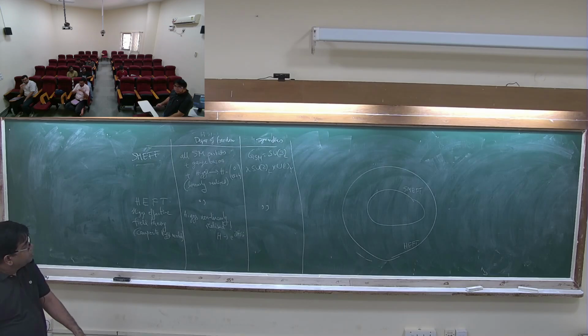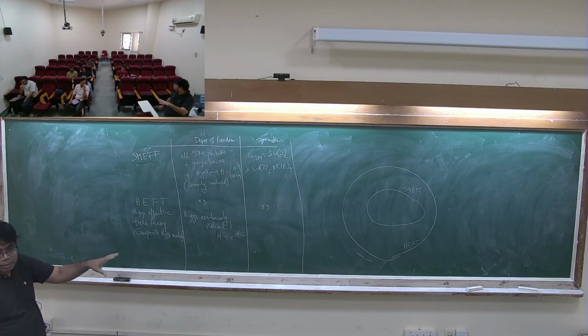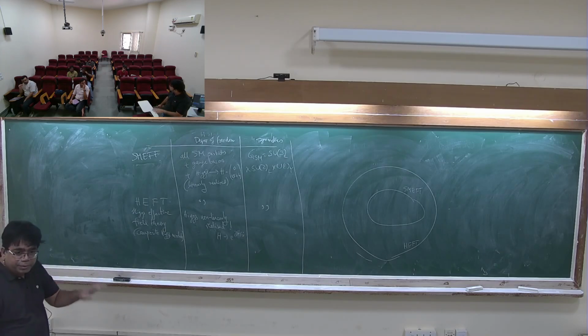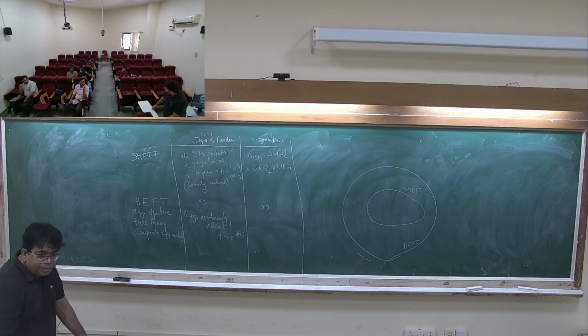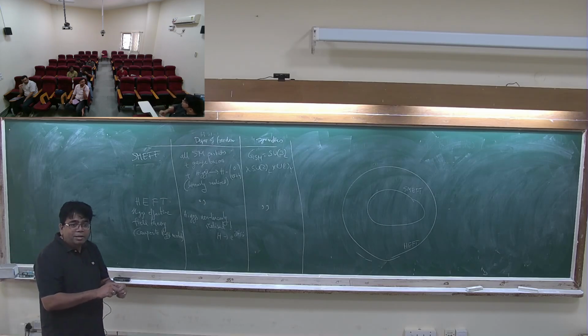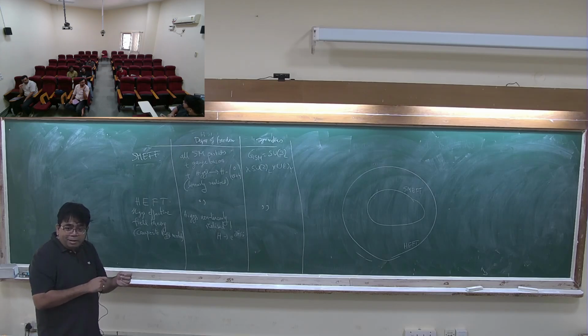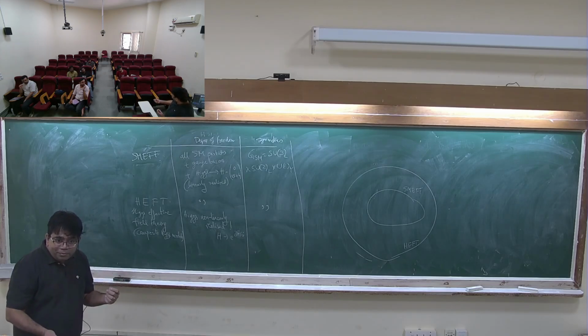Okay, so there are these questions whether SMEFT is larger or HEFT is larger. This is a schematic picture. One should remember that HEFT is much larger, but technically whether you can show it or not is a different question essentially. And if there is a parameter somewhere here, if you measure some measurement, whether it falls into HEFT or whether it falls into SMEFT is very hard to tell.